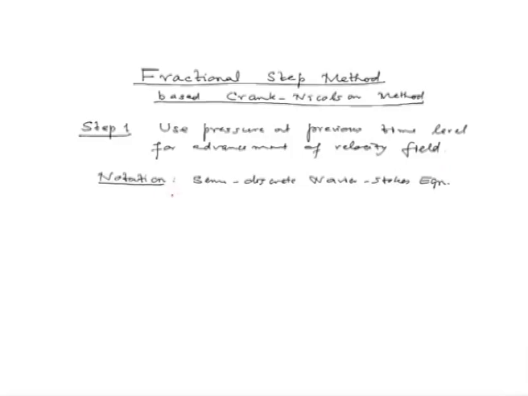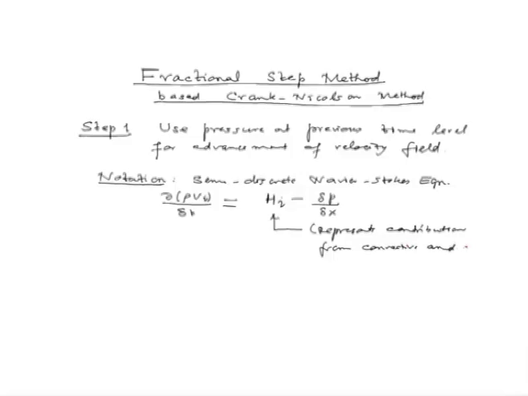We said we can write this as del of rho V i over del t is equal to H i minus del P over del x i, where this H i represents the contribution from convective and diffusive terms. Okay. So, this was our initial equation.